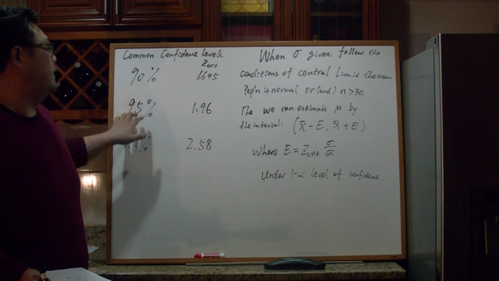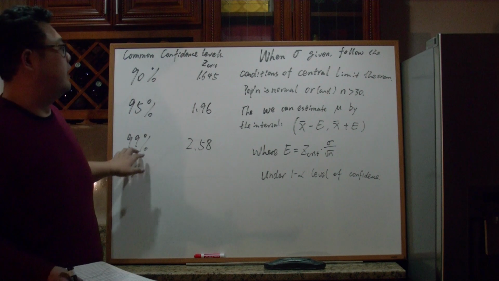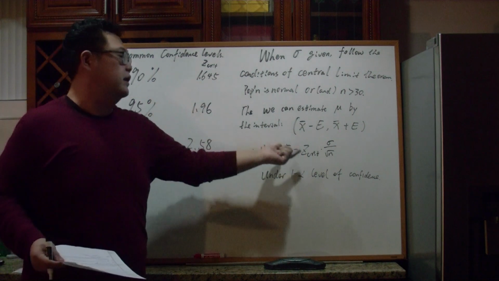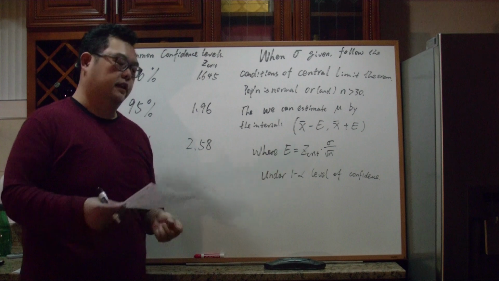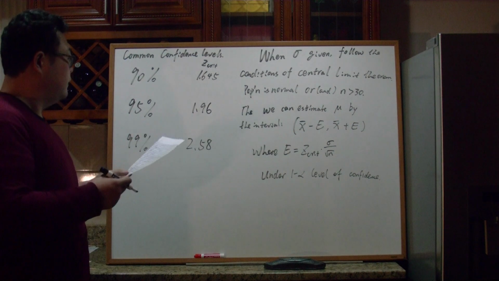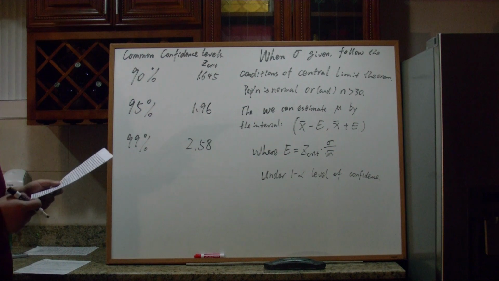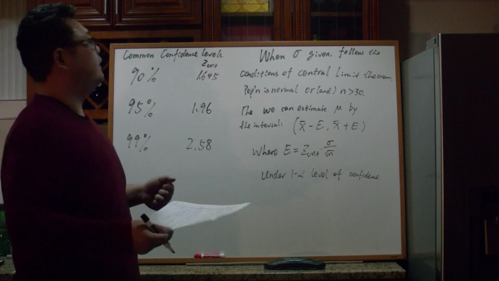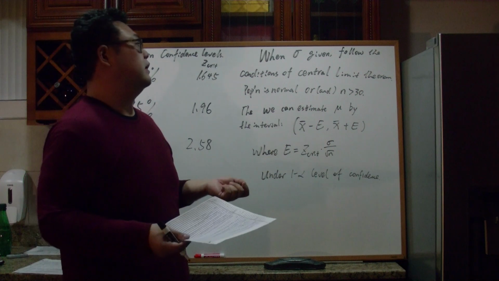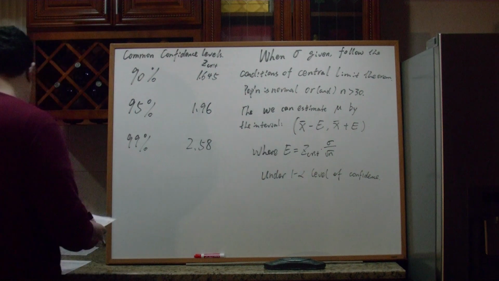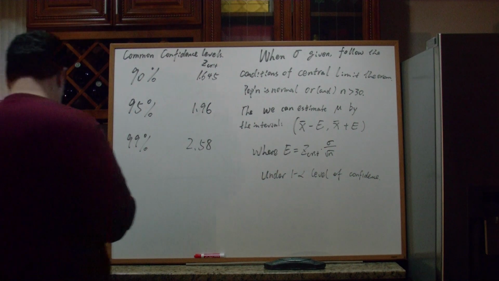The level of confidence is provided in the question, and the critical z-score can be found here. The margin of error can then be calculated by that formula. So that is basically how we estimate the population mean if we follow the condition of the central limit theorem and know the population standard deviation.